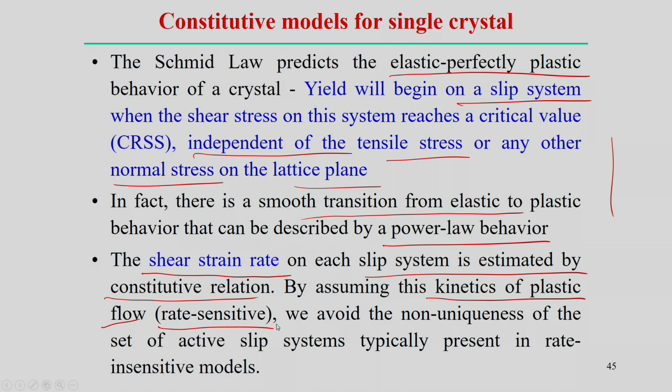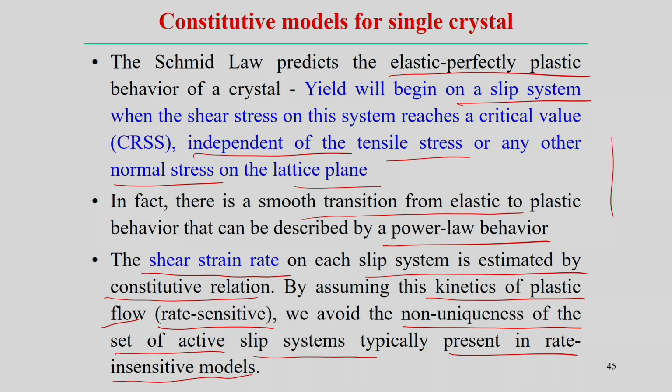represented by a rate sensitive or rate insensitive model, or we can avoid the non-uniqueness of the set of active slip systems typically present in the rate insensitive model. So we have to look into the uniqueness of the active slip systems, because in one particular single crystal structure there are so many slip systems, and all the slip systems may or may not be active at a time.